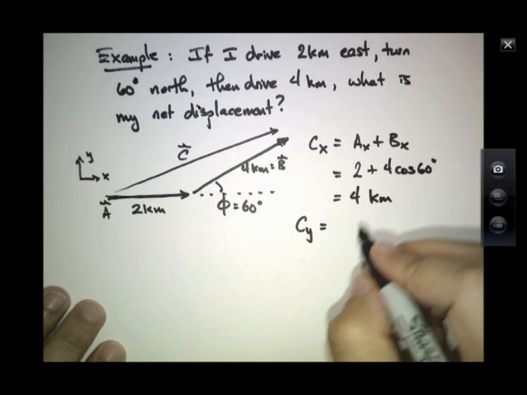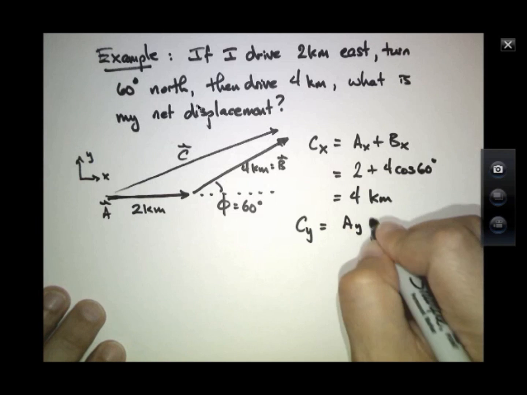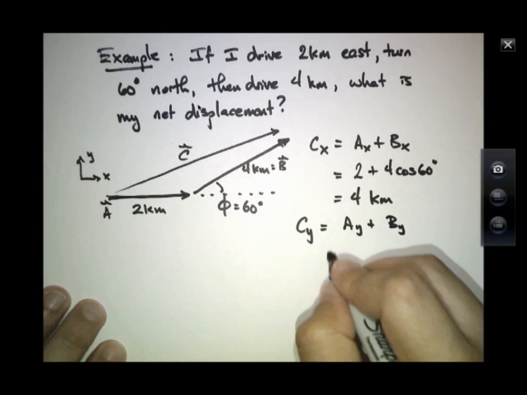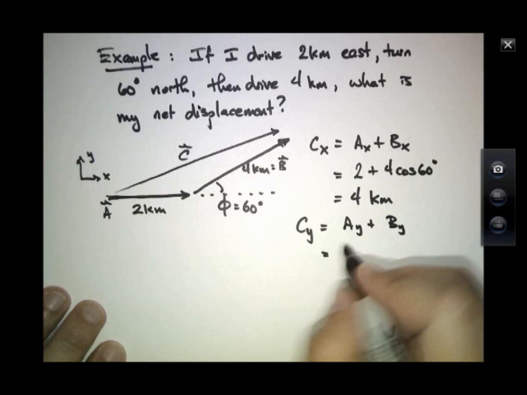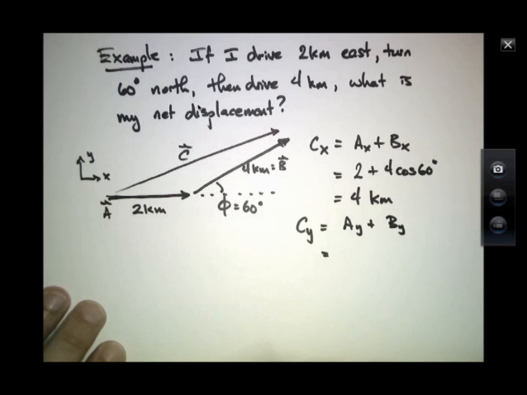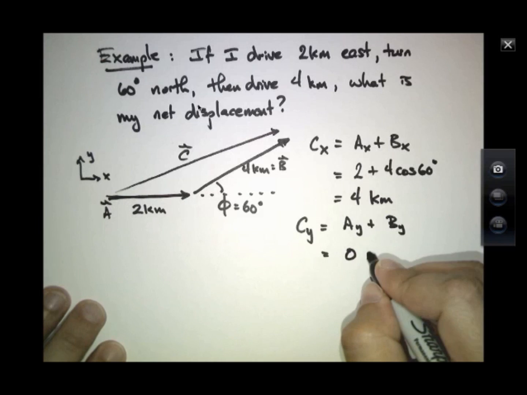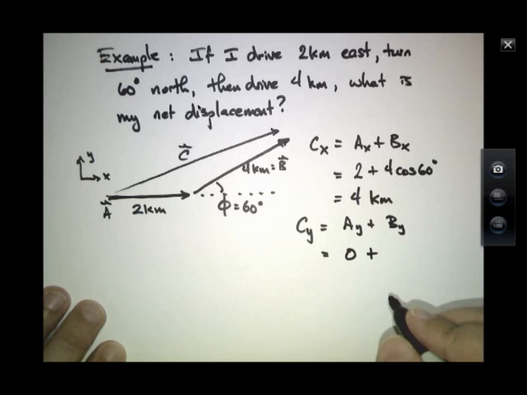C sub y is equal to ay plus by. Well, a sub y, this vector right here has no y direction, so its component is 0.